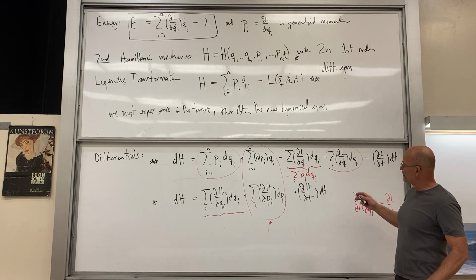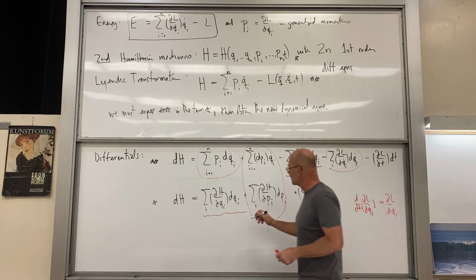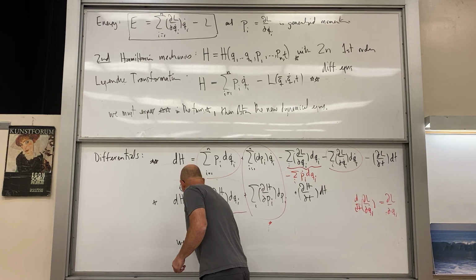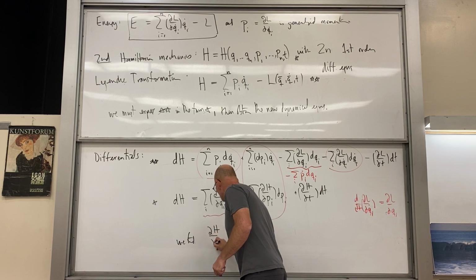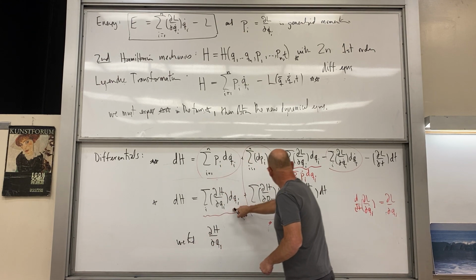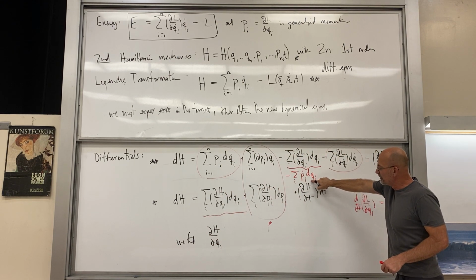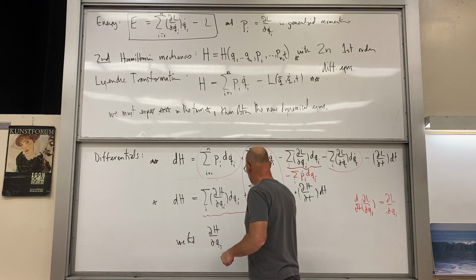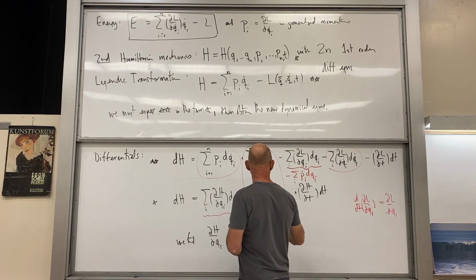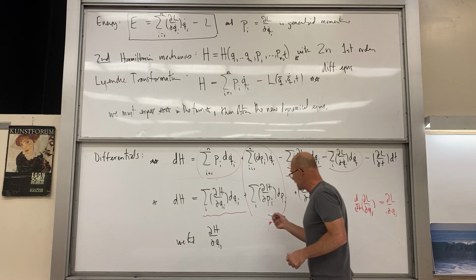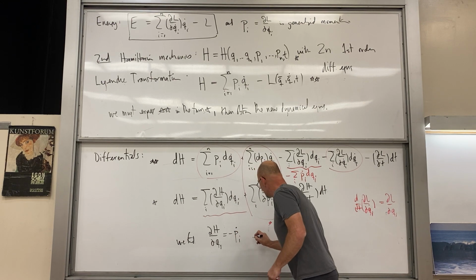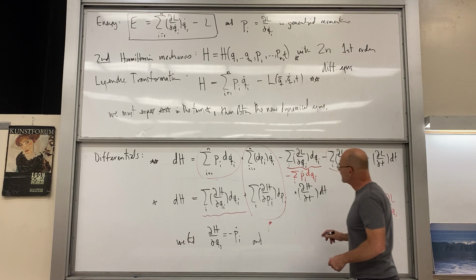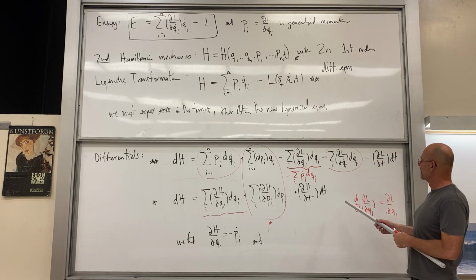So from these two, we find this partial H partial q_i from here is equal to, actually, minus p_i dot. Got a minus sign in there. Okay, so that takes care of those. And what else is there?